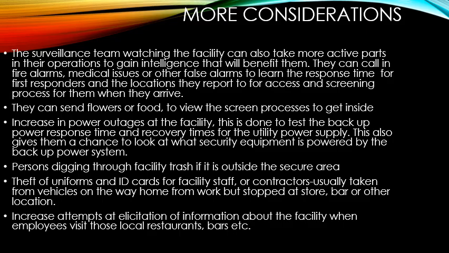They can send flowers or food, and they might even be the ones delivering it, to identify the screening process for getting past security. They can shut off gas or power. They can also do things like striking vehicle barriers or gates to determine if it is noticed and what the response will be.